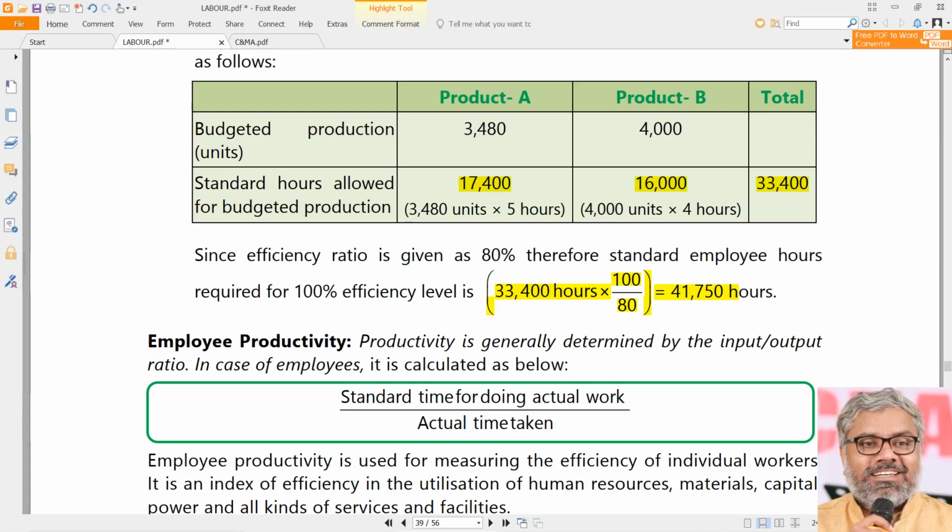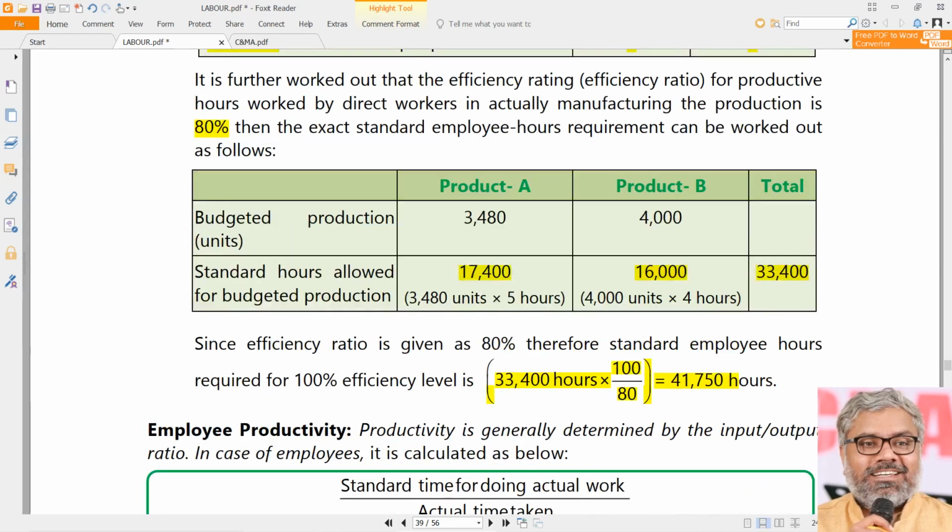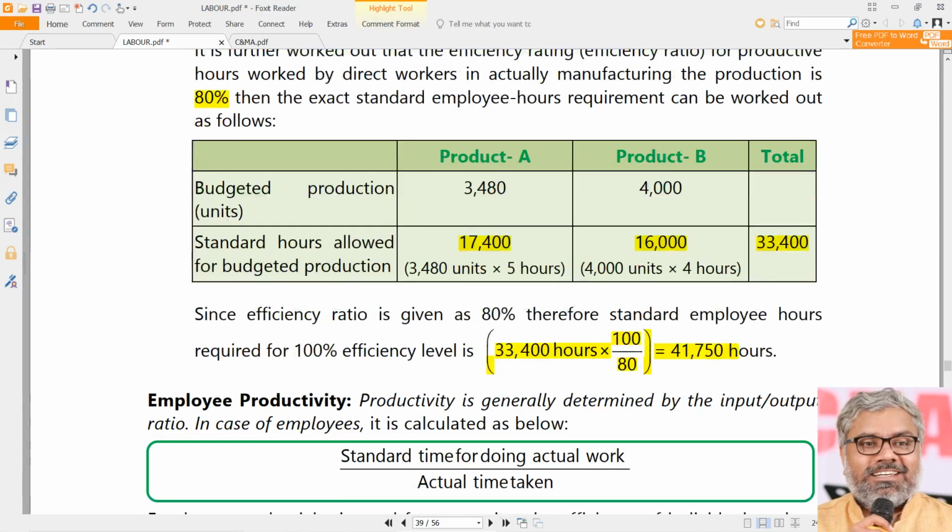But another point also to be noted here. Here, we have taken the budgeted production as if it is the actual production also. If actual production is different, then the standard production and budgeted production will not be the same.